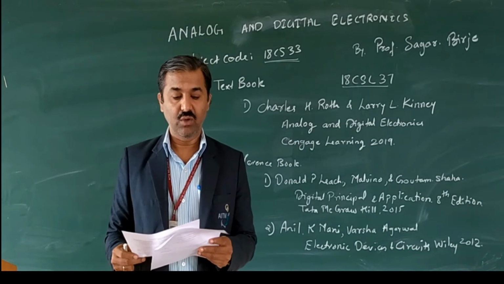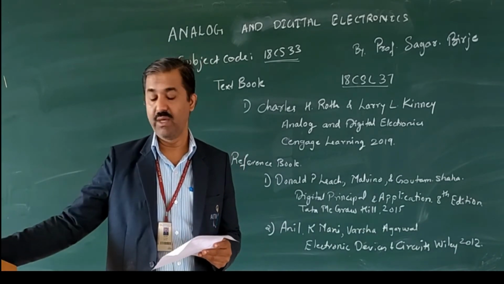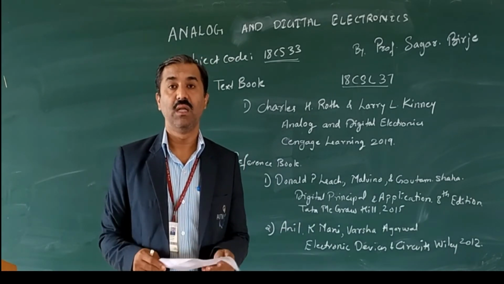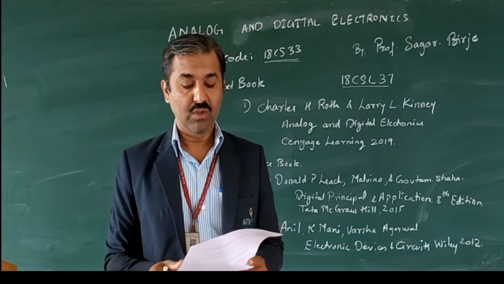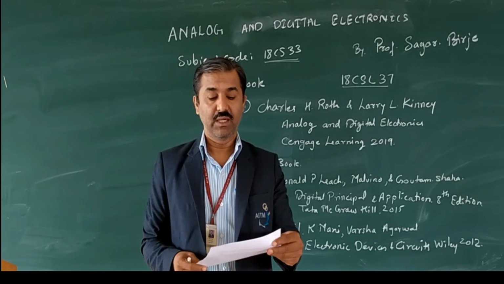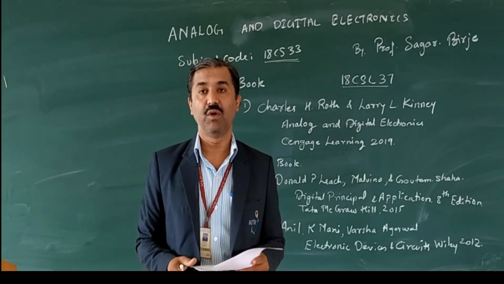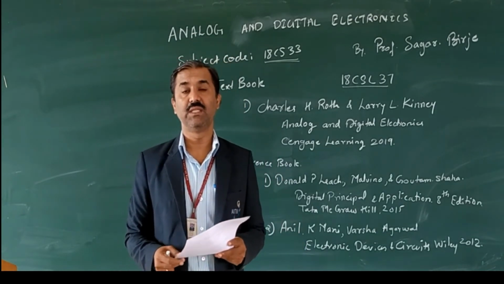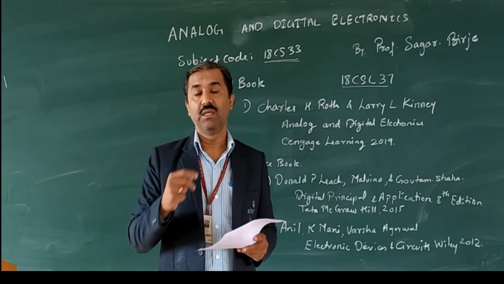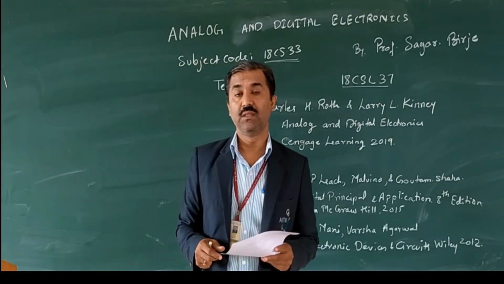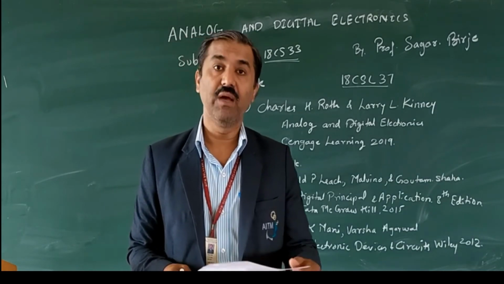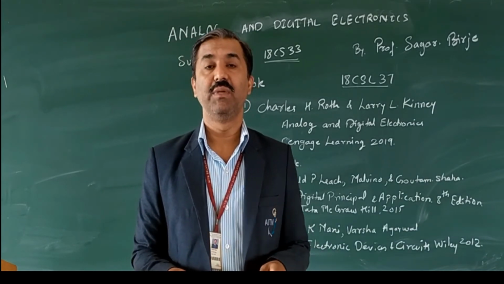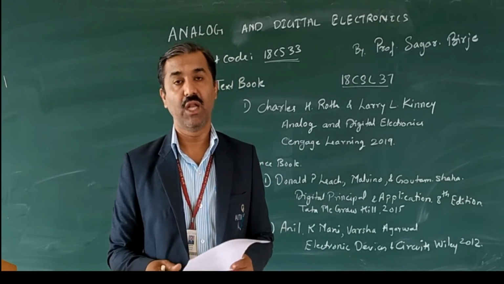Apart from this, as I told you, students, we have a lab associated with this subject. This laboratory, that is the analog and digital electronics laboratory with the subject code 18CSL37, is also divided into 2 parts, part A and part B. In part A we have 3 experiments which deal with the analog part.